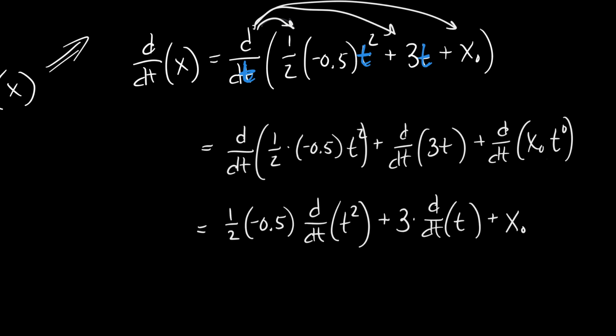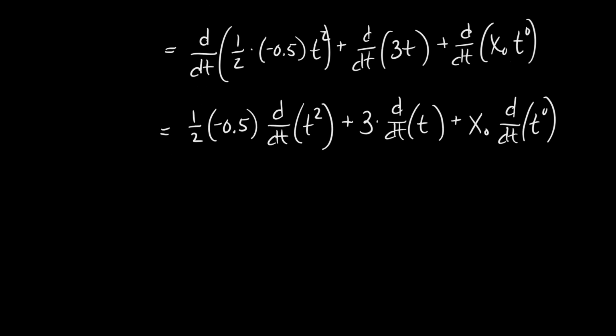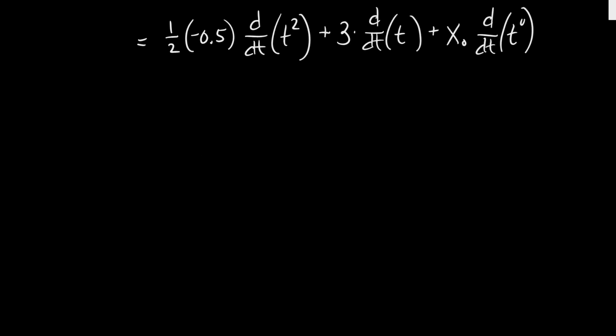It's a constant. d dt of t to the 0 power. Now, look, I'm writing out a ton of extra steps. You probably won't have to do this if you kind of catch on to what's happening. But for now, you may have to write it all out. This is still d dt of x.